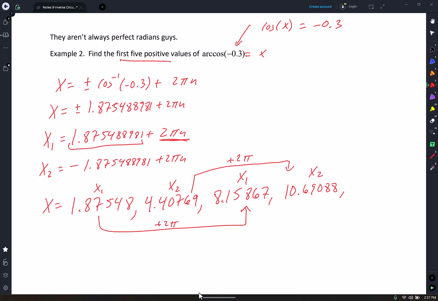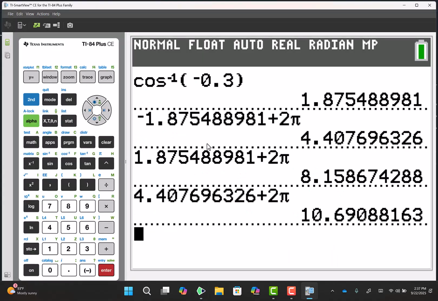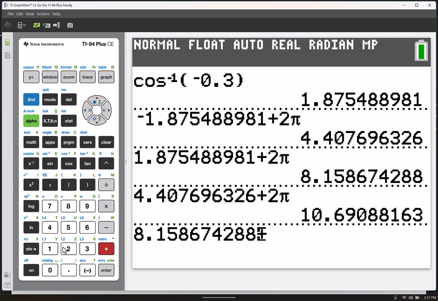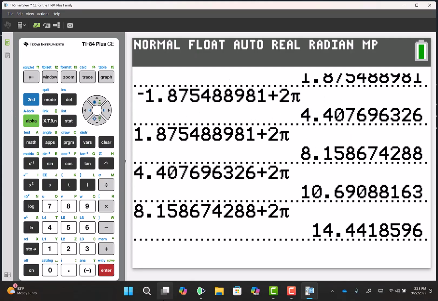So I need one more. I take this 8.15867, going in order from highest to lowest, and I'm going to add 2 pi. Enter. Plus 2 pi. 14.44185.